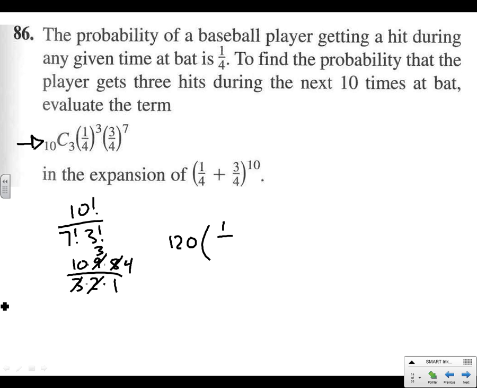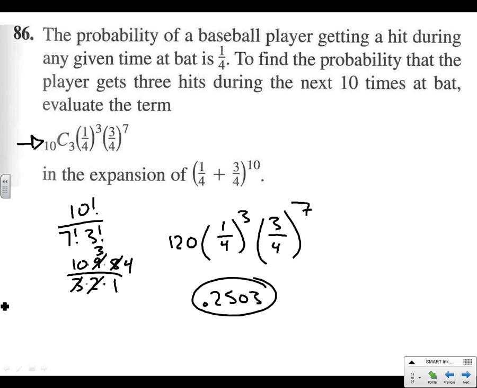Times 1/4 to the third. Times 3/4 to the seventh. And from here, it's a punch it into your calculator problem. What do we got? 120 times 1/4 to the third times 0.75 to the seventh. 0.2503 is the answer I get.